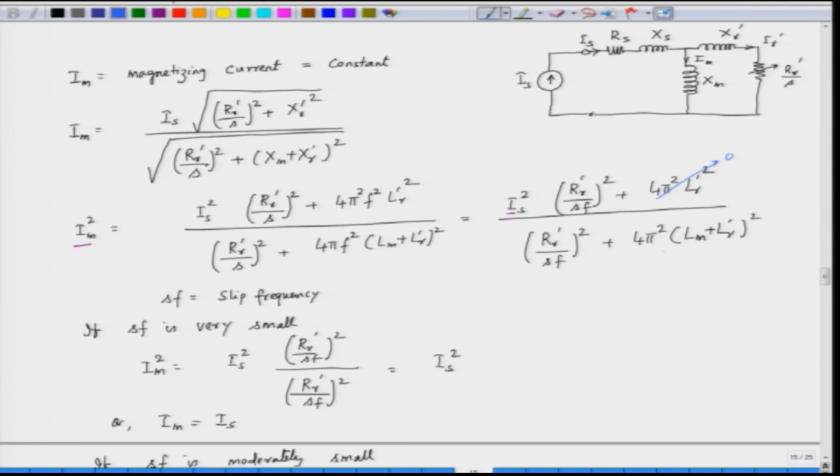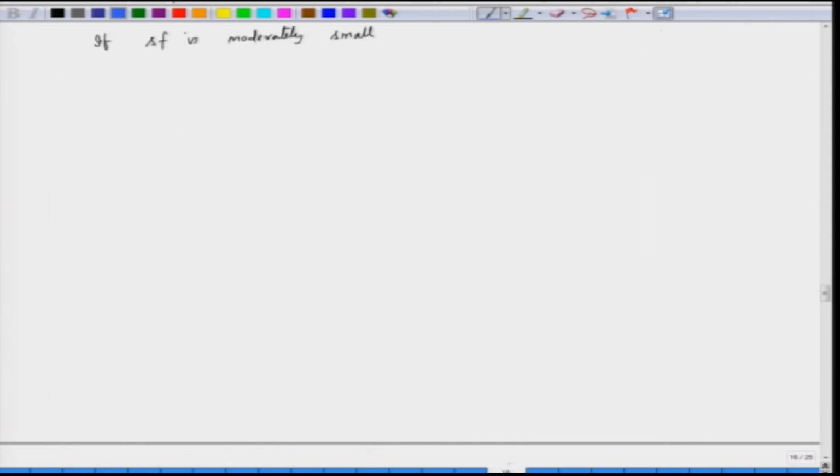So, this quantity still dominates, and this part can be neglected. So, if we neglect the denominator term 4 pi square Lr square, and in the numerator we neglect it approximately, what we get is the following.